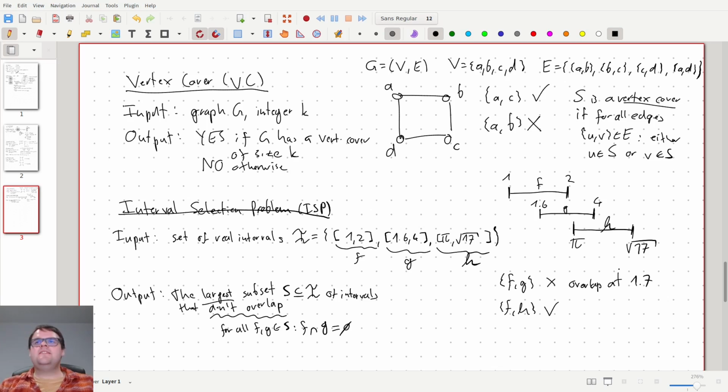And it's also the largest subset. For example, you could say just f, it doesn't overlap either, but that's not going to be a valid output because it's not the largest subset. This subset is larger, right? And this one is in fact going to be the largest because any larger one will need to include g, and that just overlaps with everything else. There's no way to include that, right? That's the idea of interval selection.